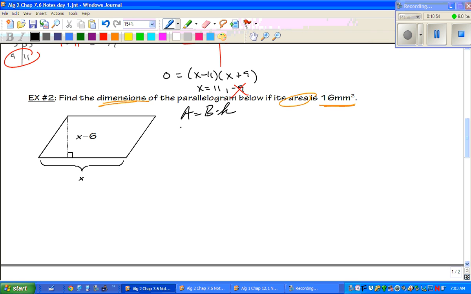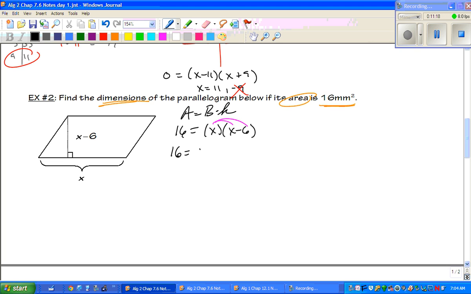Okay? So the base, we actually know that number. We have x times x minus 6, and it equals 16. Okay? So we don't have to FOIL anything because it's just a monomial times a binomial.